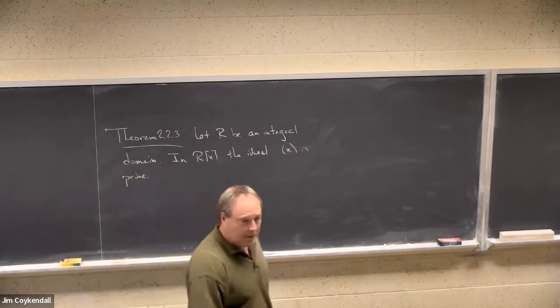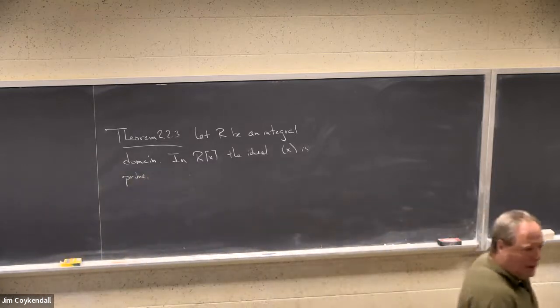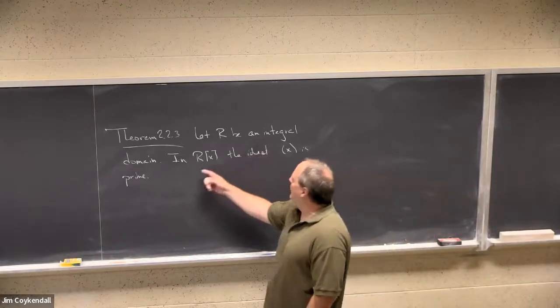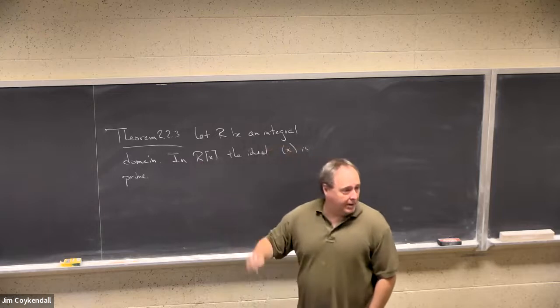And by the way, I didn't state it this way, but this is an if and only if actually. In the following sense: R is a domain if and only if R[[x]] is a domain.